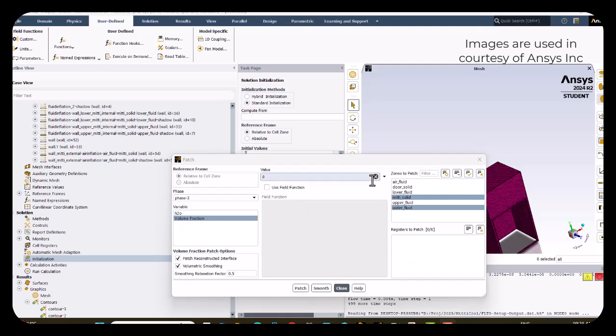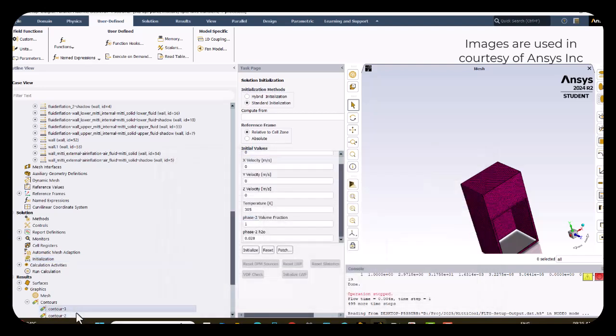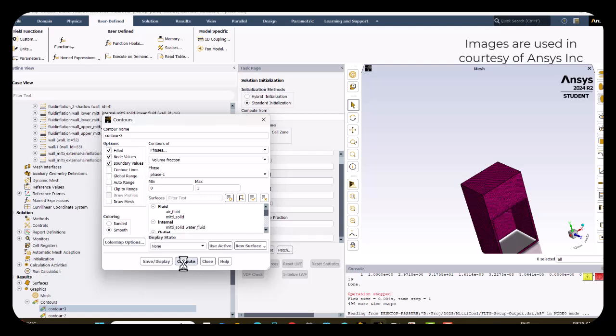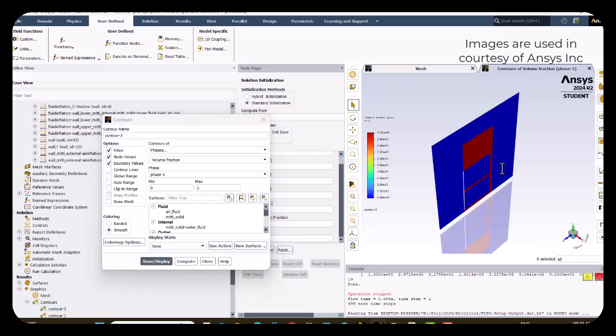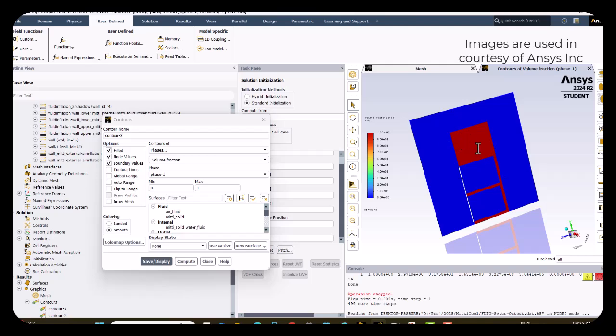So now I will patch these values with the volume fraction for phase 2, which is water liquid, with 0, because that is the MittiCool solid, that is that porous zone which should be filled with water liquid. The top part, which is water fluid, is also filled with the water liquid. And I'll verify. And you can see this is entirely filled with water liquid and the remaining is water vapor plus air.